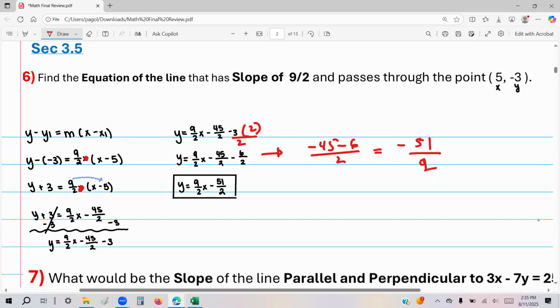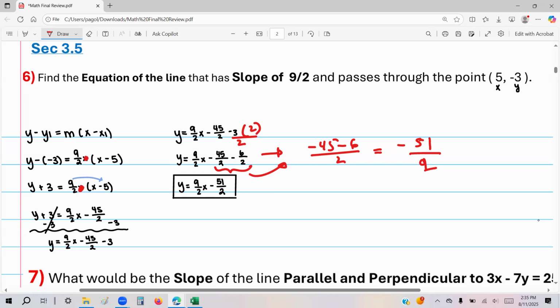So y equals 9/2 x minus 51/2. These are like terms because these are numbers. But in order to add them, you need the same denominator. Once you have the same denominator, just combine the numerators. Since they have the same sign, just add them.